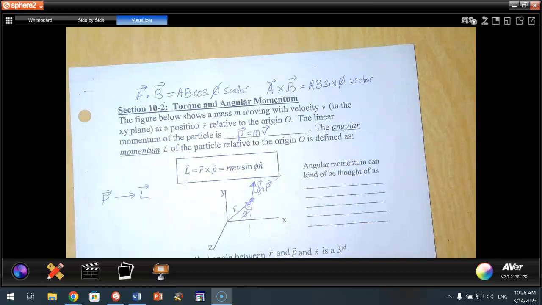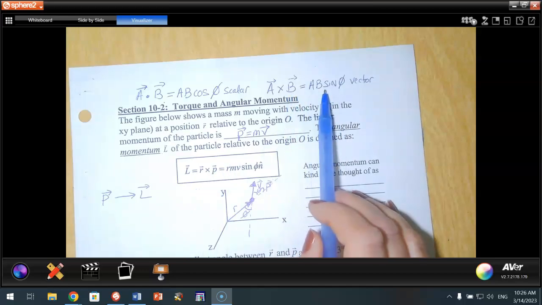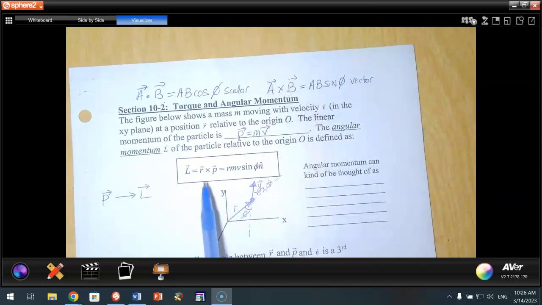One way that we define angular momentum is, again, the variable is a capital L, and it's defined as r cross p. I know this isn't a multiplication because you can't multiply vectors, so this is a cross product, which I just defined above. It means the size of r times the size of the momentum p times the sine of the smallest angle between them. What I've done here is replace p with mv from when we did linear motion.